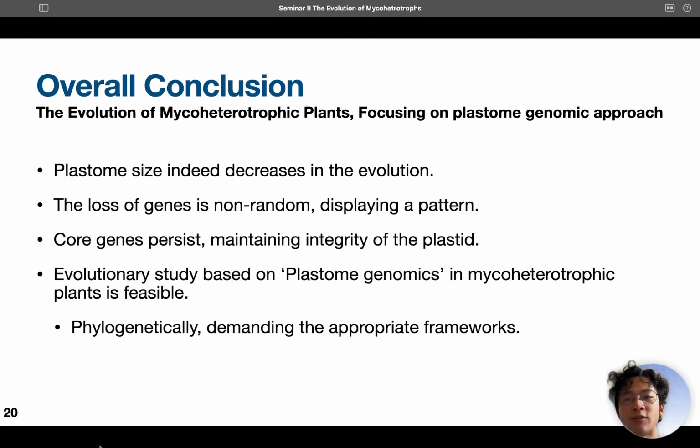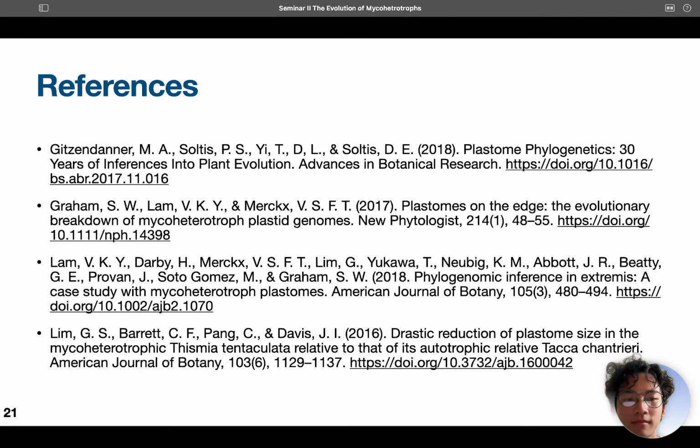You just have to use the right tool, like in this case maximum likelihood with the DNA data. And you can study the evolution of these plants using plastome genomic data. It's possible, which is good.